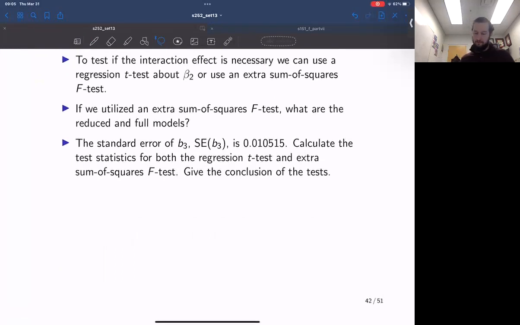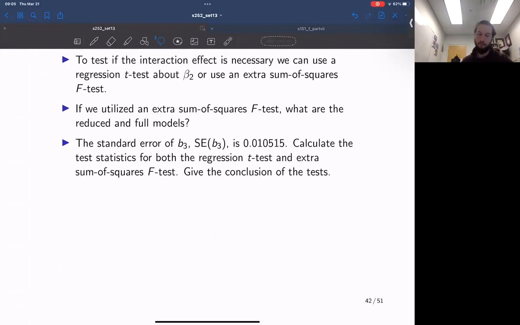Okay, so to test if the interaction term is useful, we can use an extra sum of square F test, or we can use just a t-test about the beta 3 value.